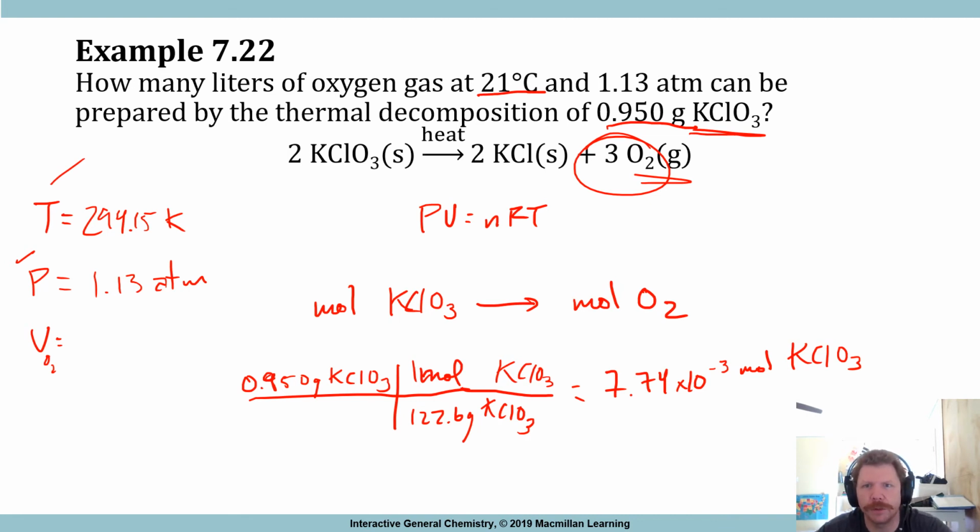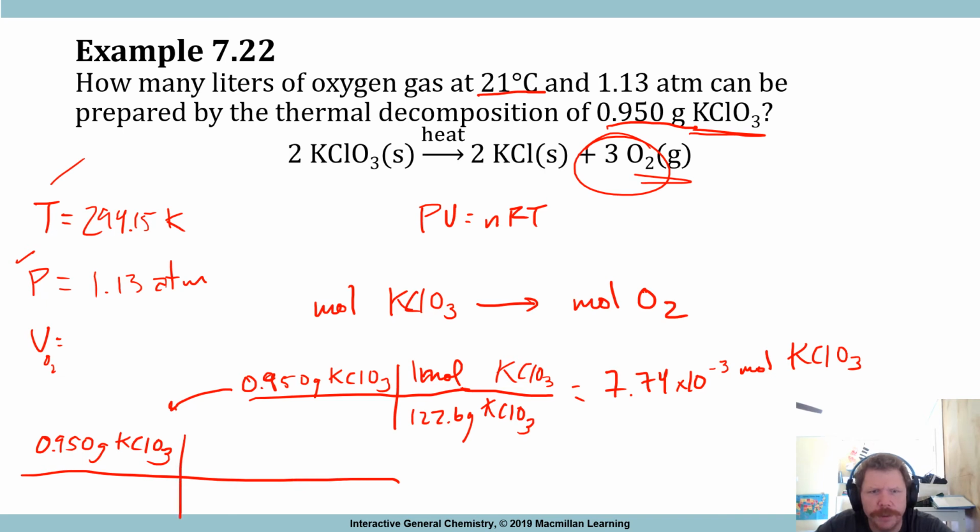All right, now effectively that gives us our number of moles of O2 that we need in order to solve this sort of problem. And how does it do that? Well, it does that because we have a molar ratio of 2 moles of KClO3 to 3 moles of O2. And so I'm going to take this equation and extend it. So 0.950 g KClO3, and I'm just rewriting this because I want to illustrate this concept completely. 122.6 grams of KClO3 is 1 mole KClO3.